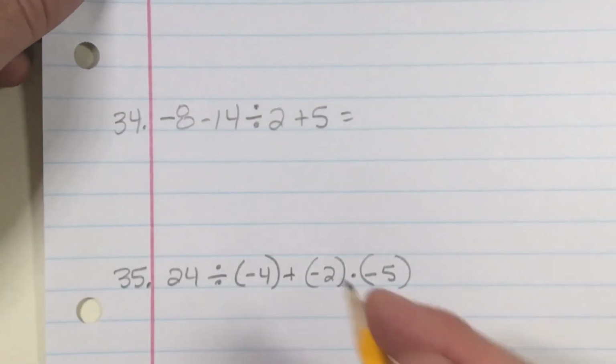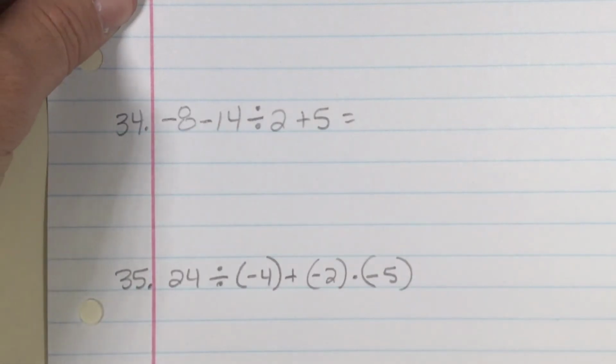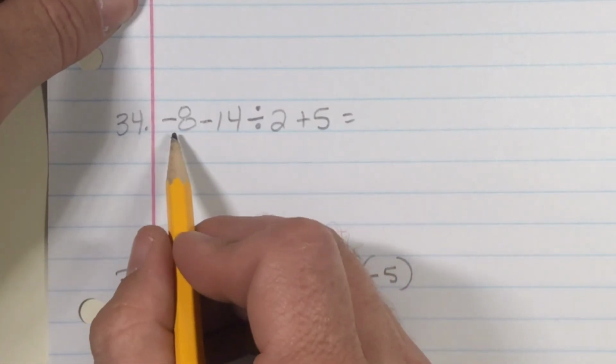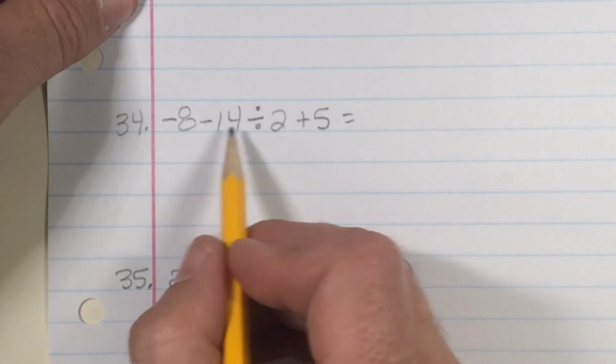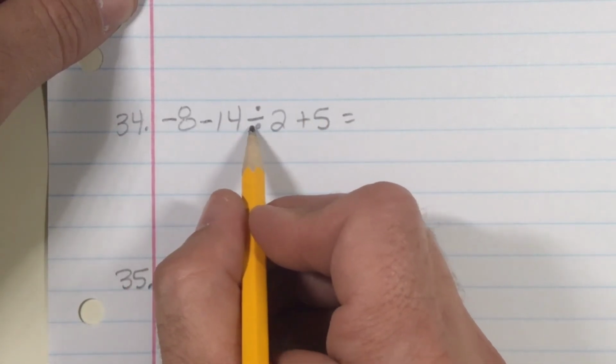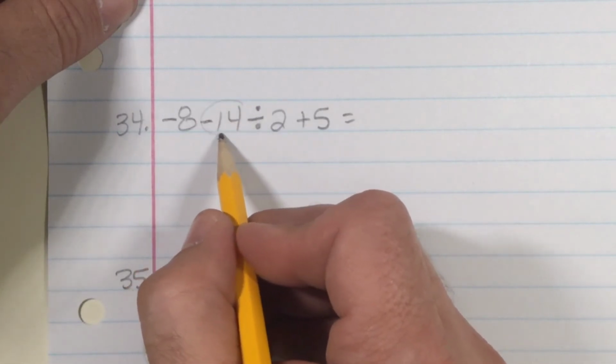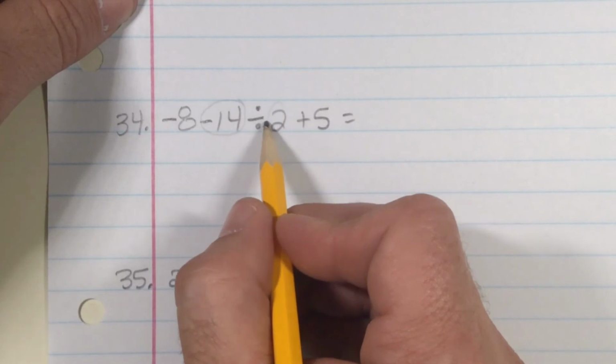For number 34, I'm just supposed to evaluate. Going left to right, oh, division comes before subtraction and addition, so I would look at this as negative 14 divided by a positive 2.